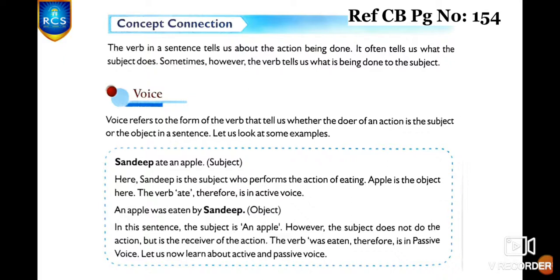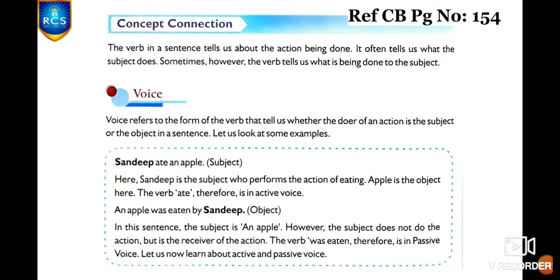Sandeep ate an apple. Here Sandeep is the subject who performs the action of eating. Apple is the object here. The verb ate therefore is in the active voice. An apple was eaten by Sandeep.